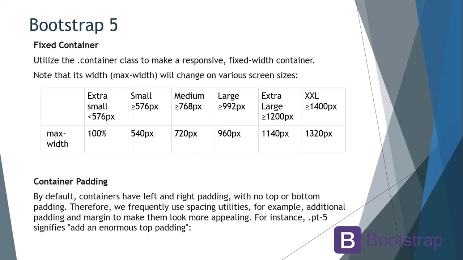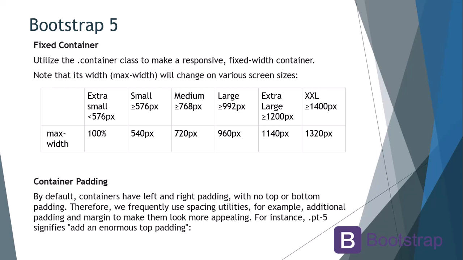Okay, we have the extra small screen size, which is less than 576 pixels, and the max width is 100%. Now we have the small screen size, which is greater than or equal to 576 pixels, and the max width is 540 pixels.